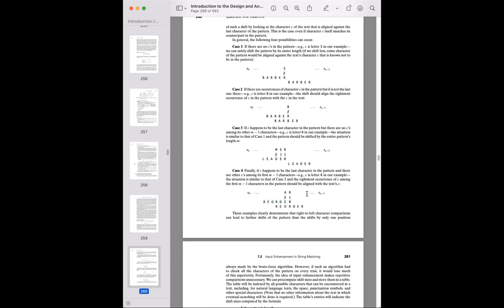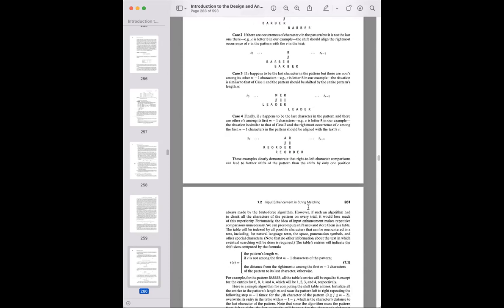So again, this is C happens to be the last character, but there are other C's among the characters. So there's another R here. So our next step would be to move it so that this R lines up to see if that works. So those are the 4 cases that we have to worry about. Of course, the case it could just match and then we're good. But that should allow us to leap forward sometimes.